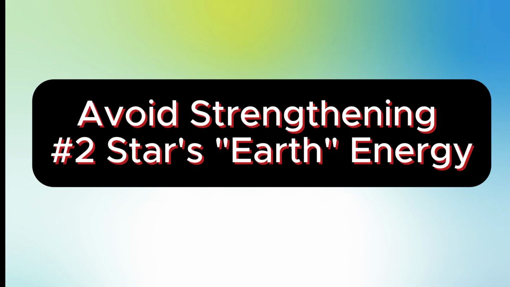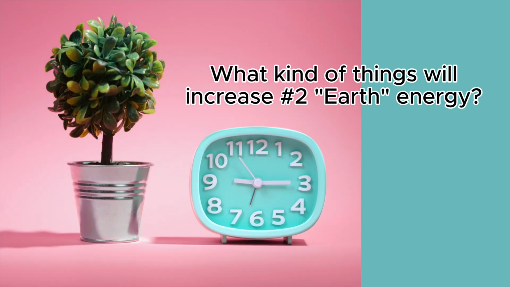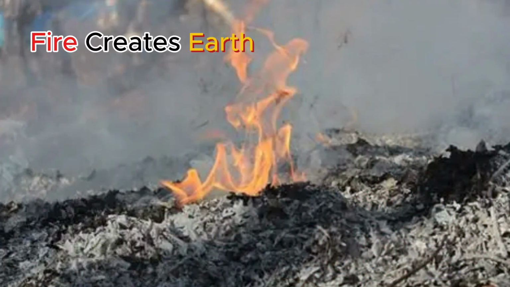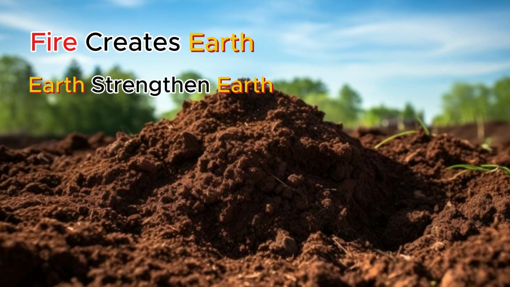On the other hand, you should avoid strengthening the number 2 star's earth energy. Let me ask you another question. So, what kind of things will increase number 2 earth energy? You are correct again. Fire creates earth, and earth strengthens earth.